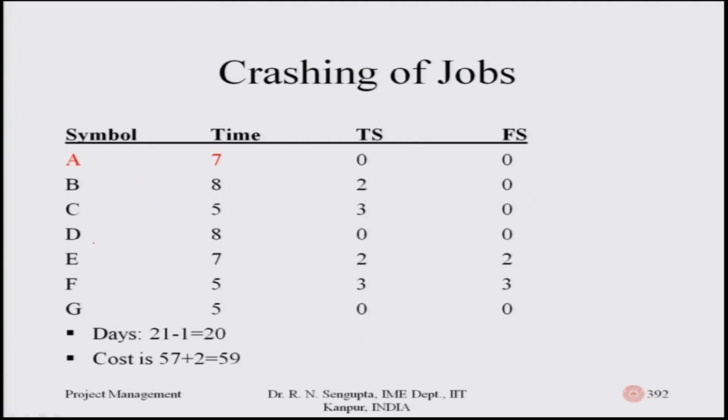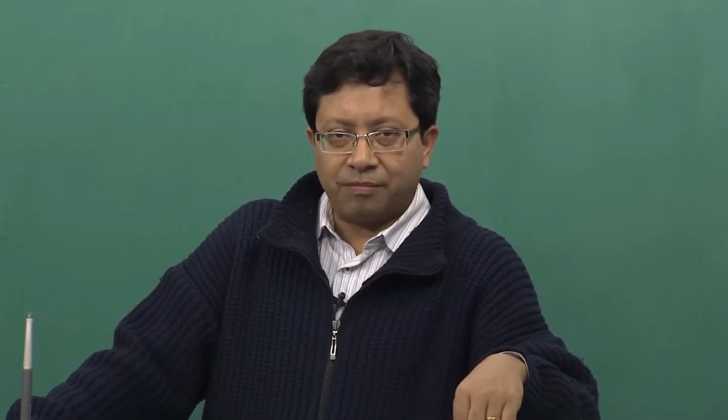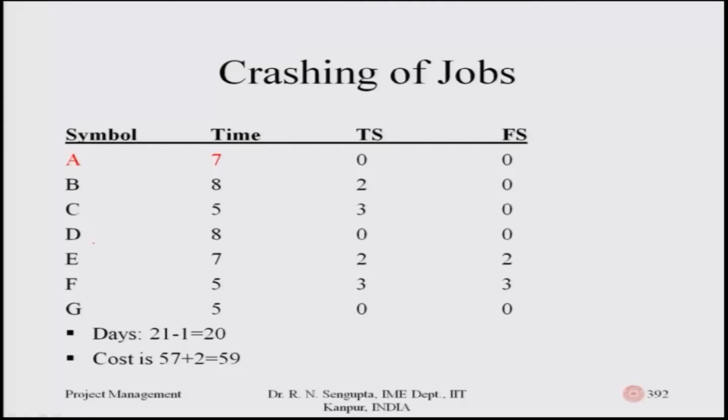Now, let us further reduce A. I am only considering A, it could have been done for the others, but let us go in one sequence of steps. A now reduces from 8 to 7. So, the overall duration of the critical path which is ADG is 7 plus 8 is 15, 15 plus 5 is 20.